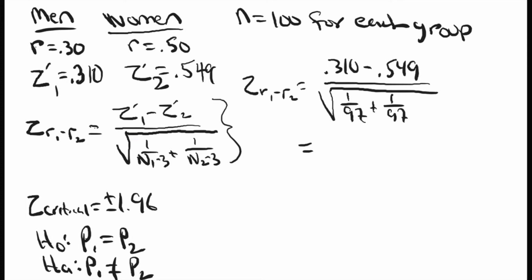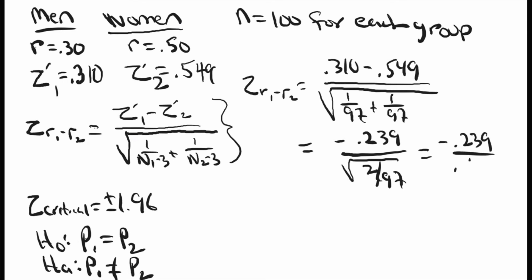So we have negative 0.239 in the numerator, and the square root of 2 over 97, and the square root of 2/97 is 0.14.